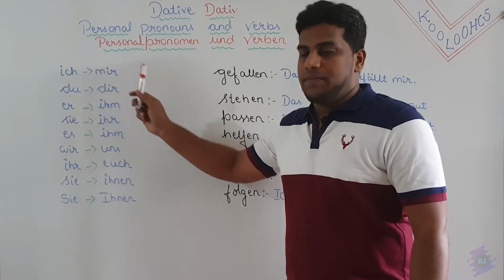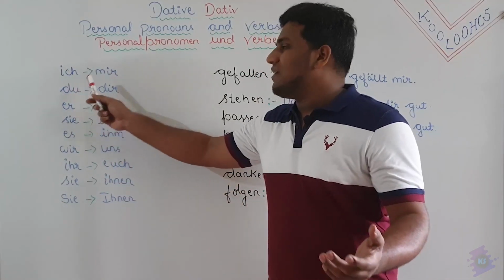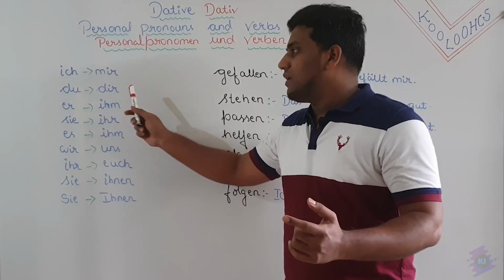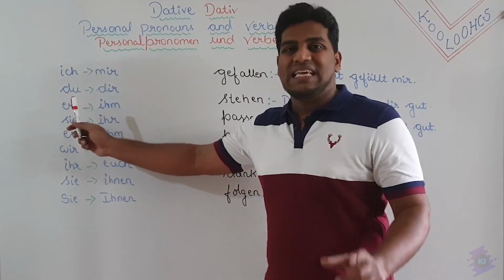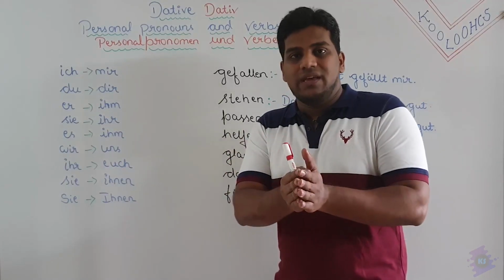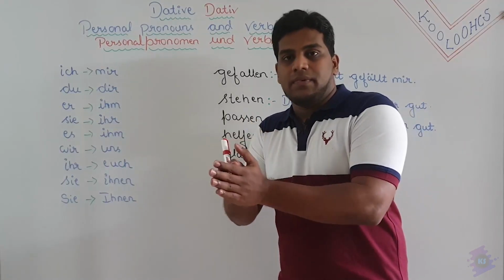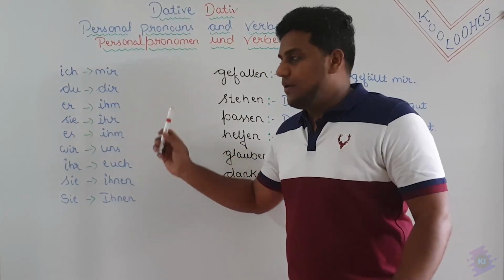So it is mir. And for you, that is du, it is dir. And for he, which is him in English, the personal pronoun will be ihm.